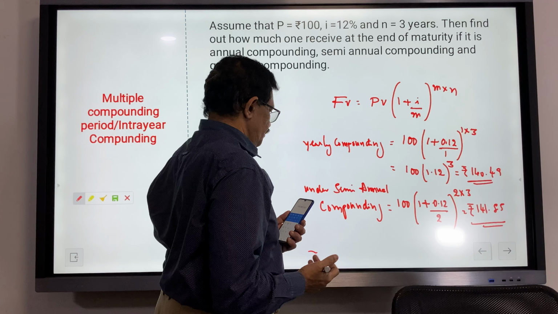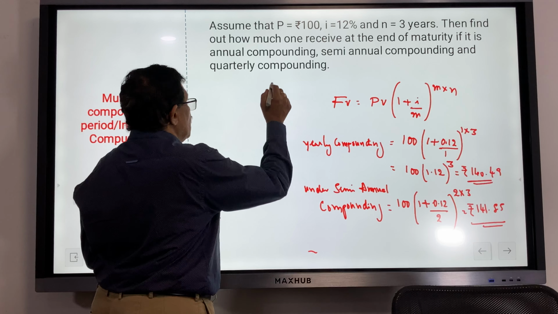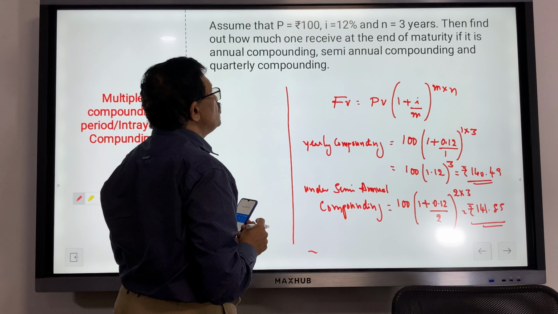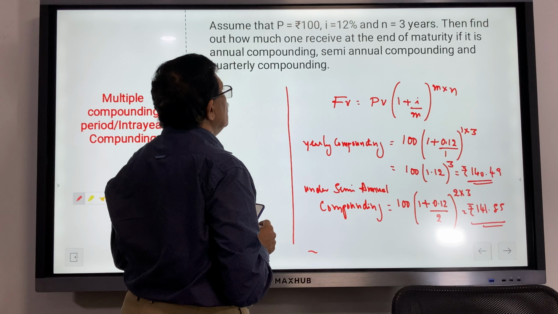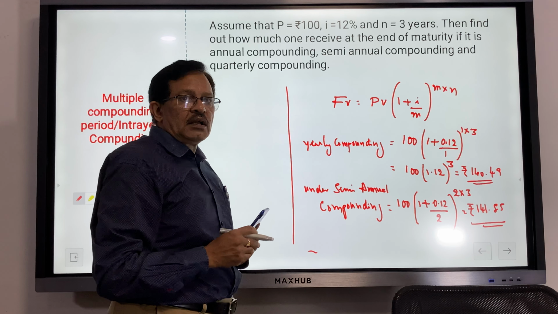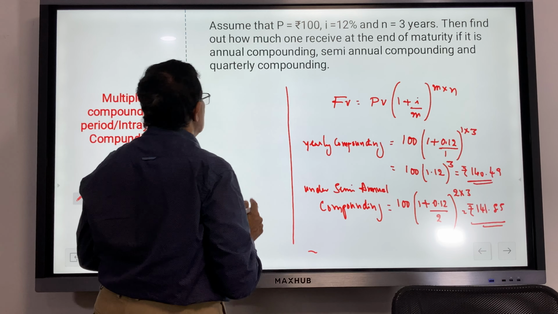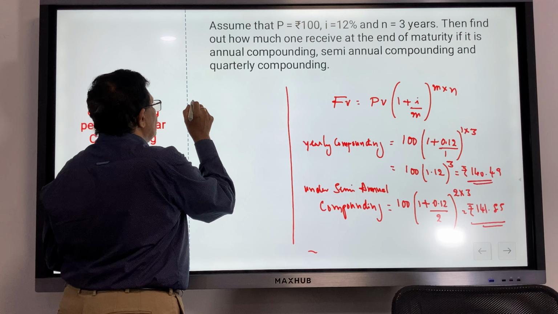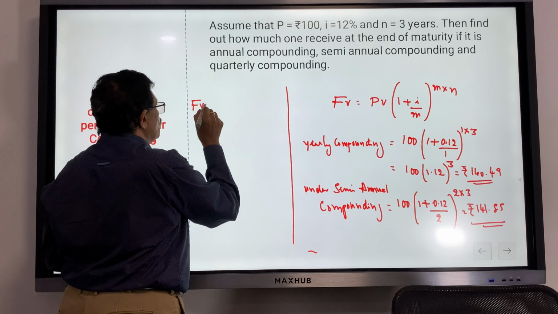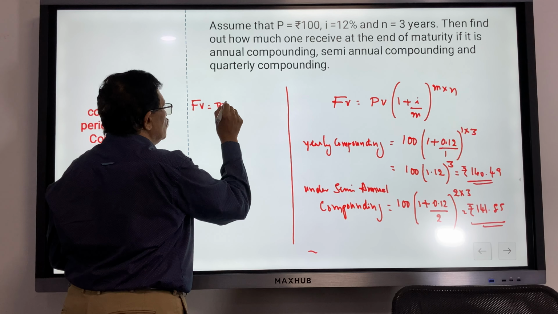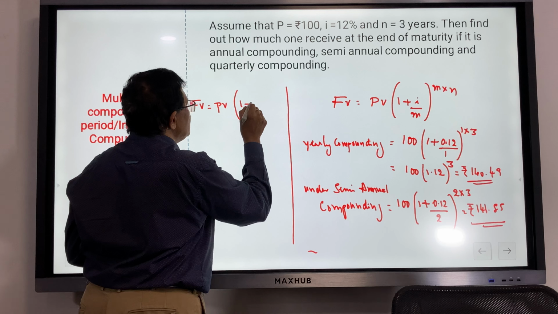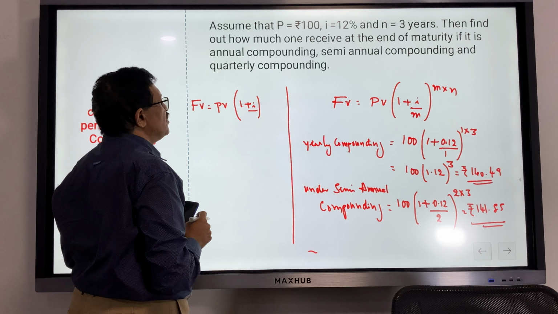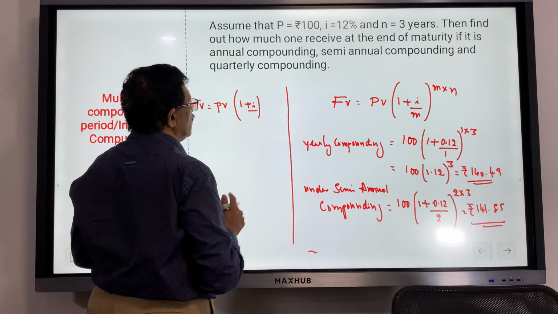Then he is asking us to find out how much you are going to get when the amount is compounded on a quarterly basis. When it is going to be quarterly basis, what happens? The future value will be equivalent to present value into 1 plus I divided by number of periods.